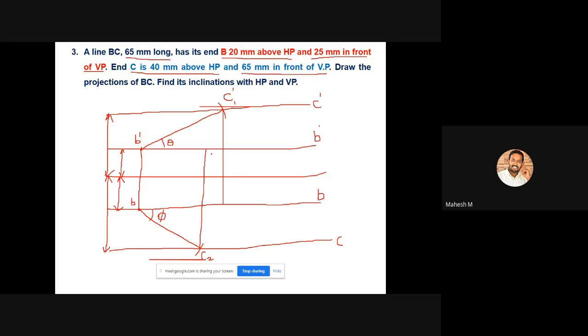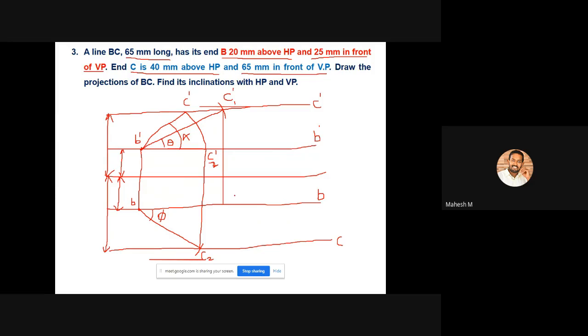Measure the horizontal distance between B dash and C2 dash and create an arc. The arc will touch the locus of C dash. This is our point C dash. Connecting these 2 points gives the front view line, and this angle will be marked as alpha.